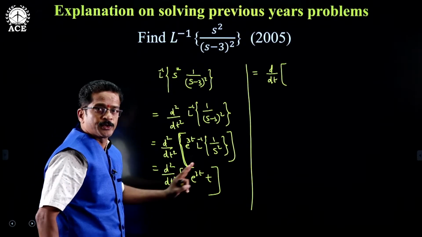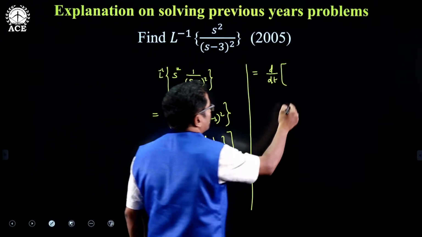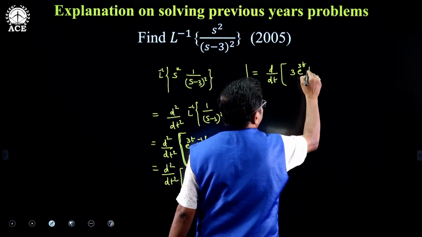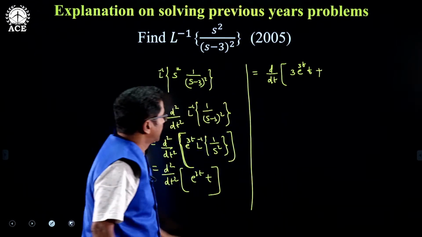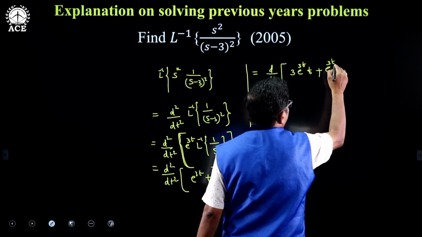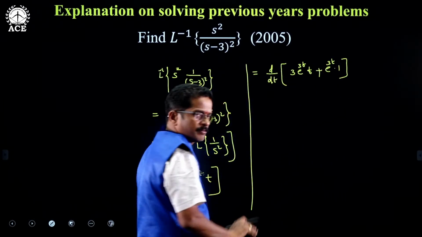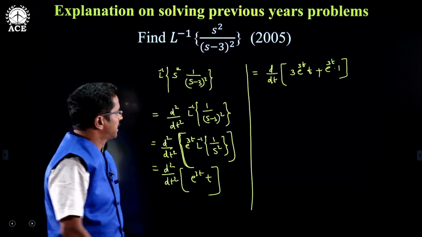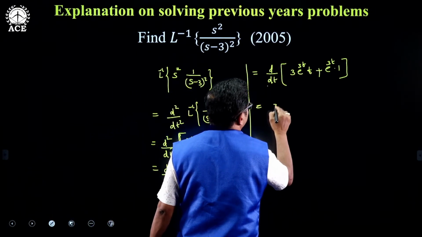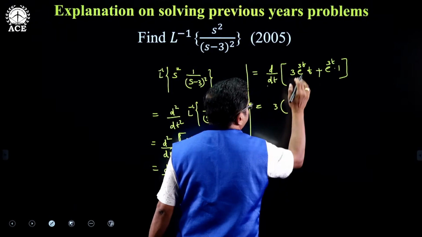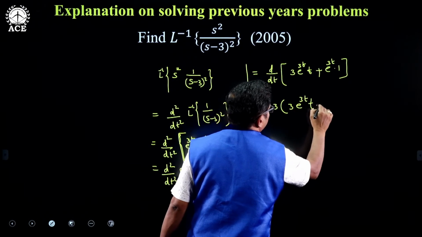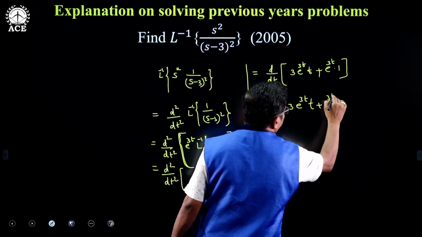So e power 3t into t, UV rule. So e power 3t in differentiation 3 into e power 3t into t plus e power 3t you write as it is and t differentiation 1. So one time differentiation done. Again you differentiate d by dt of this: 3 into e power 3t into t plus e power 3t into 1.